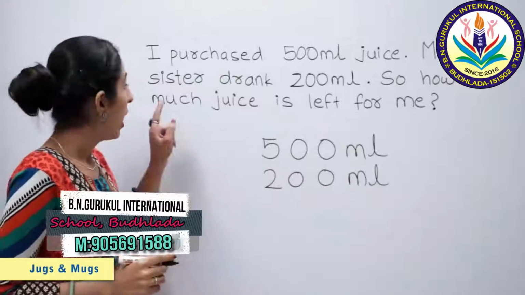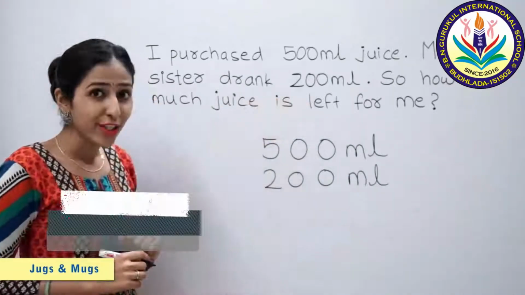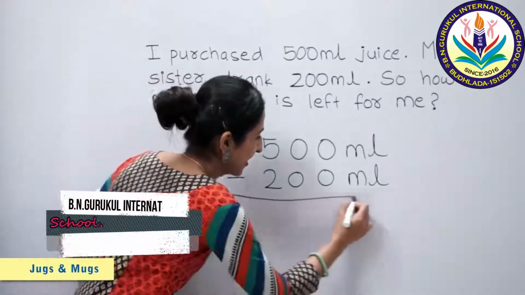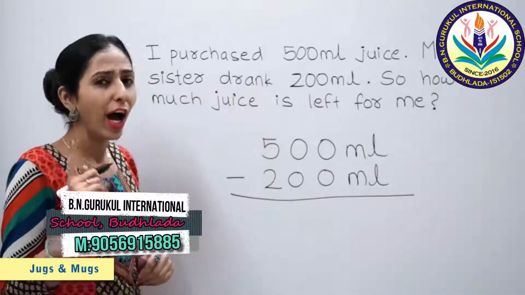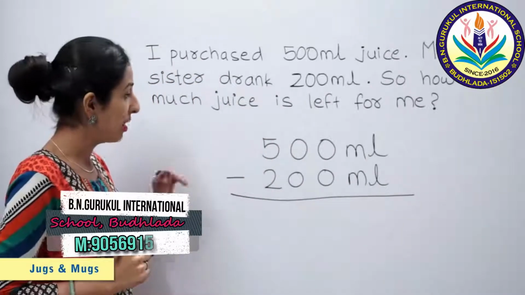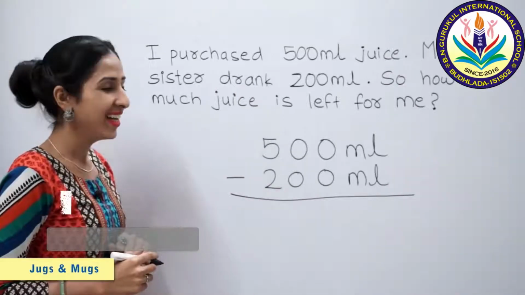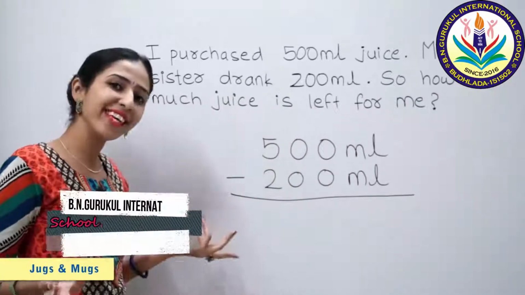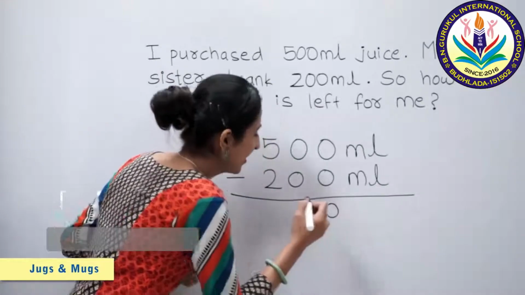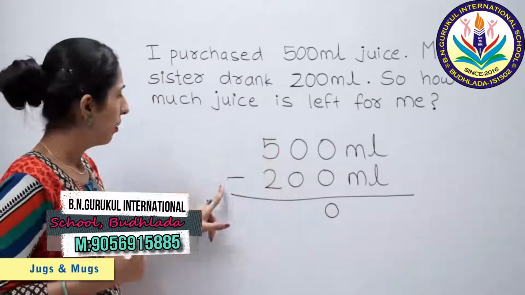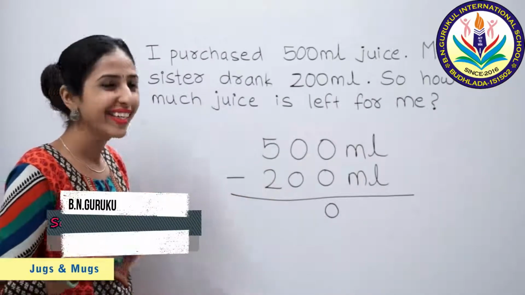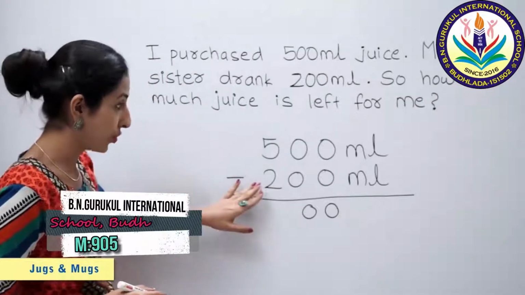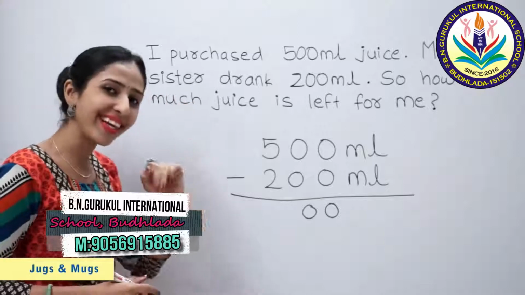We have to find how much juice is left. So, we will subtract. Let's find how much is 500 ml minus 200 ml. 0 minus 0 is 0. 0 minus 0 is 0 again. 5 minus 2 is equal to 3.